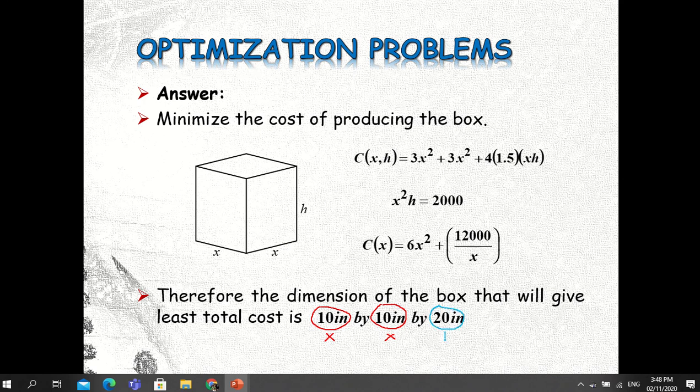Okay, so when you're asked for the dimension, your answer should be like this: 10 by 10 by 20. In other words, class, there is another way of writing the dimension.